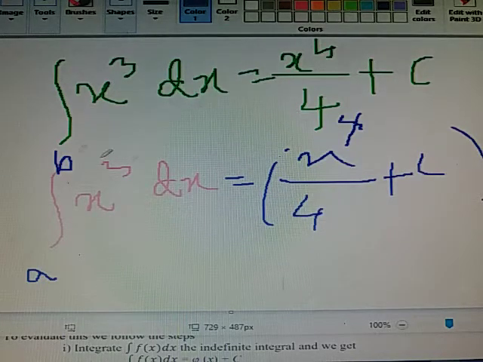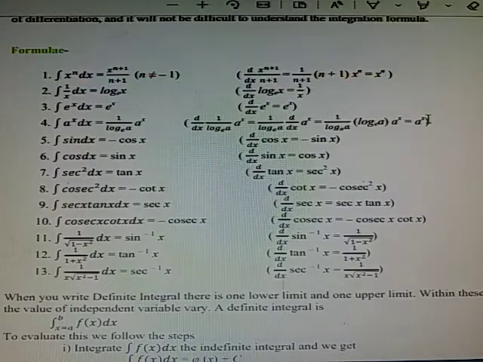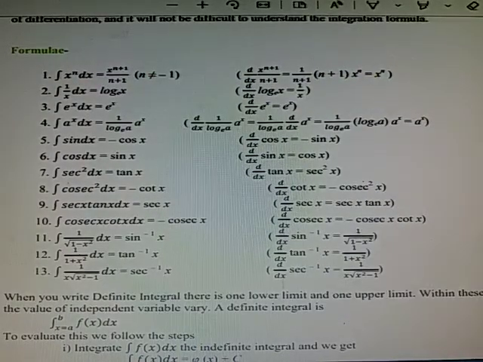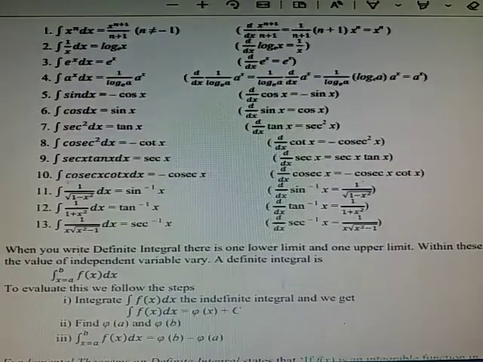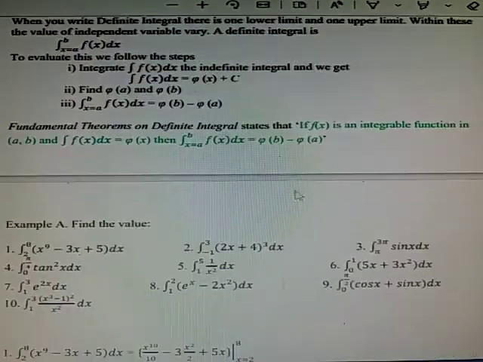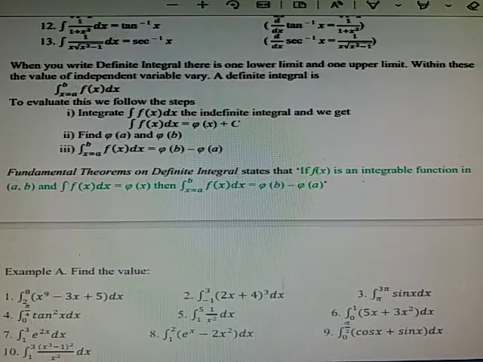I have written the formula here, you see this.